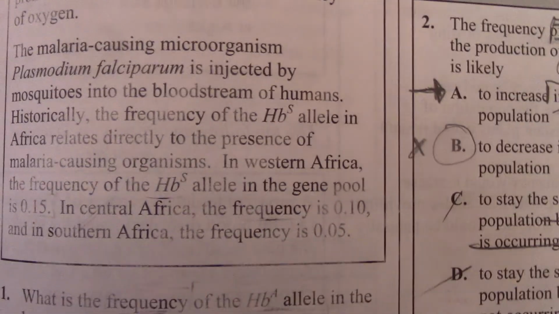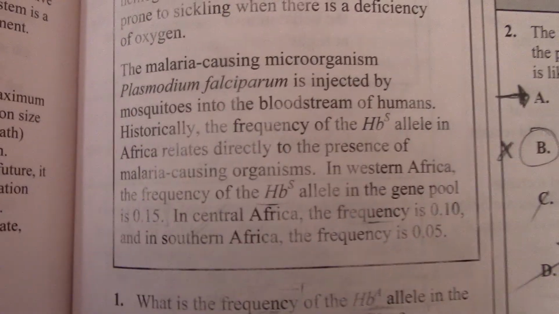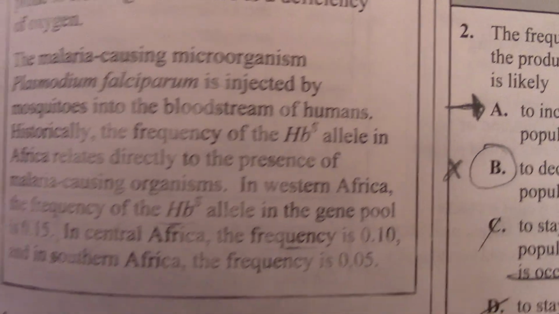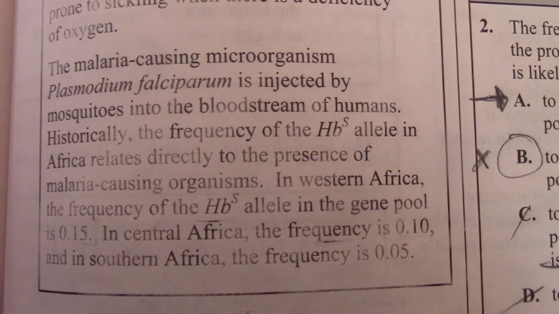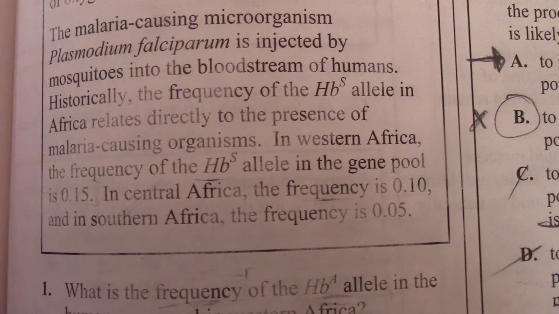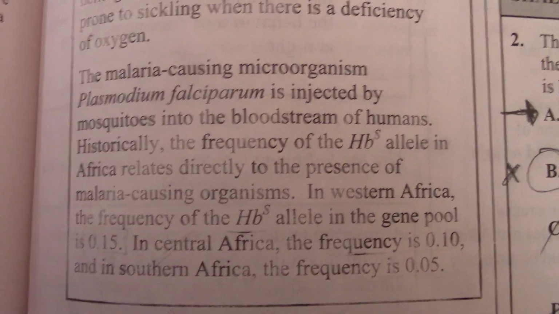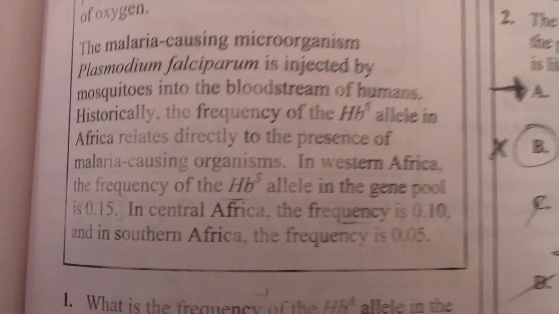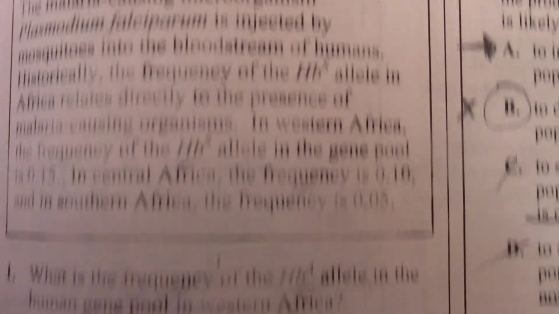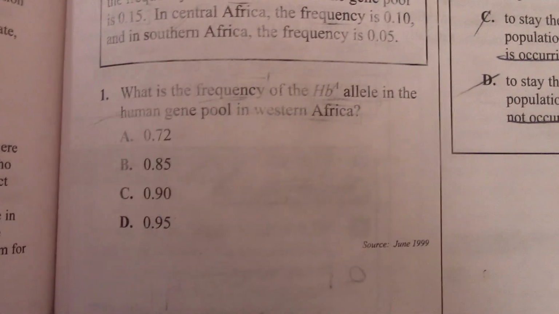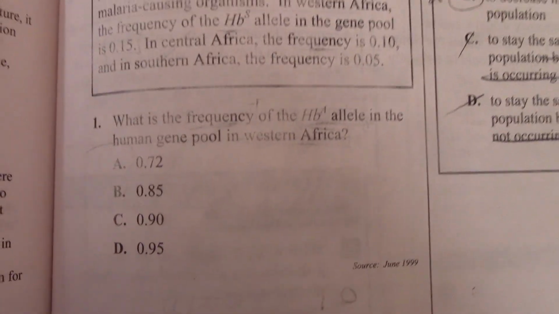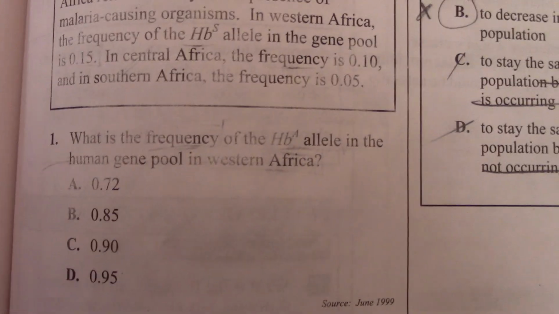The malaria infects the sickled cells, and the immune system wipes it out in areas that are malaria-stricken. So that's a natural selection piece.